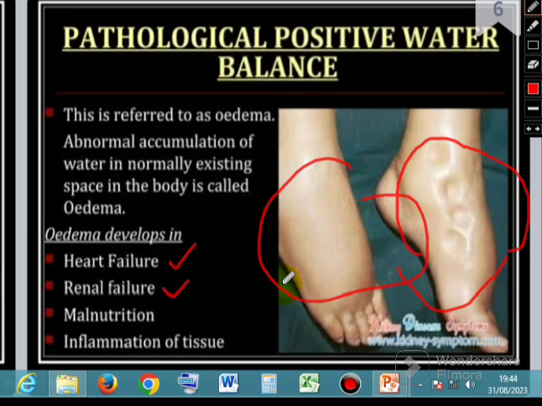But there is need for you to do a proper checkup on the heart and the kidney, including the liver, because these things can cause swelling of the legs and other parts of the body, accumulation of fluid. Many of you are going to become doctors, and that's the reason I'm bringing this up. You don't take things for granted.